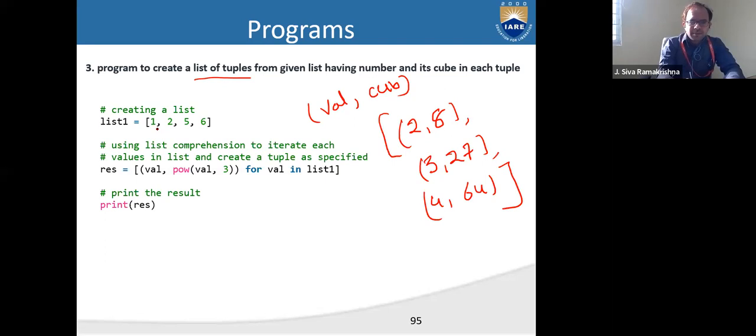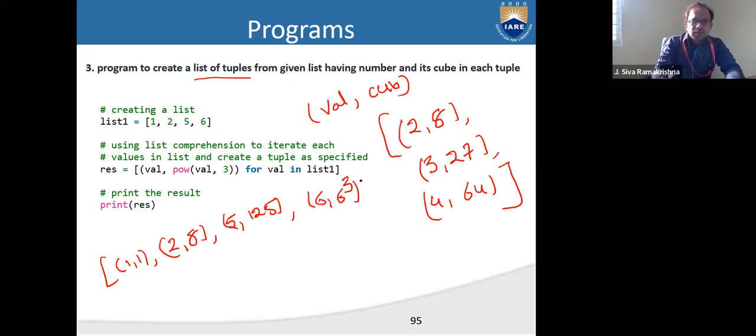So this is my list 1, 2, 5, 6. My new list is going to be like this: 1, 1 cube, then 2, 2 cube, 5, 5 cube, and similarly 6, 6 cube. This is what we are expecting in the output.